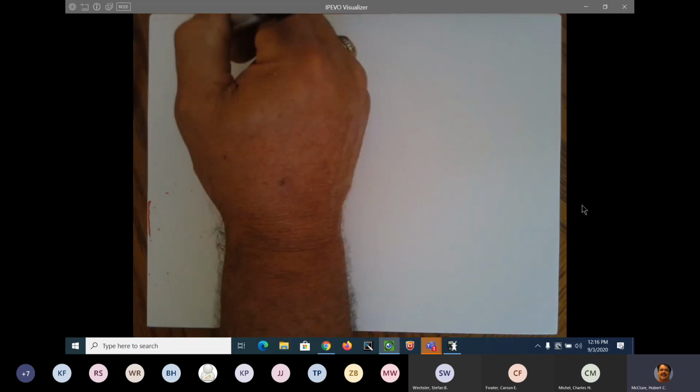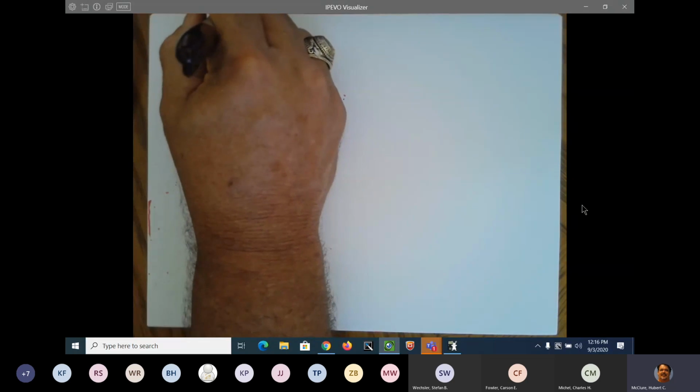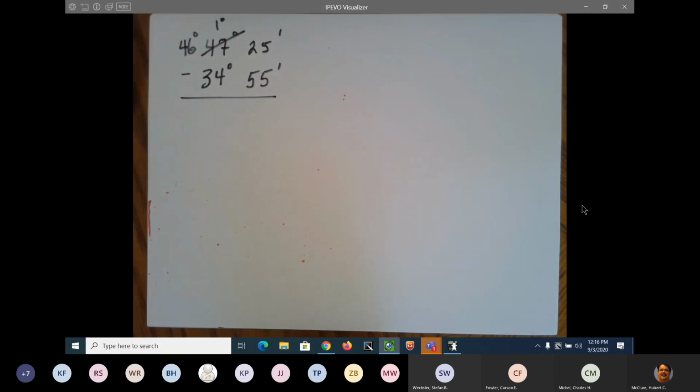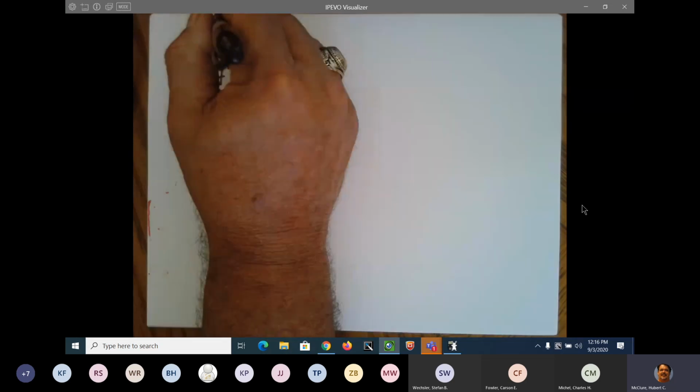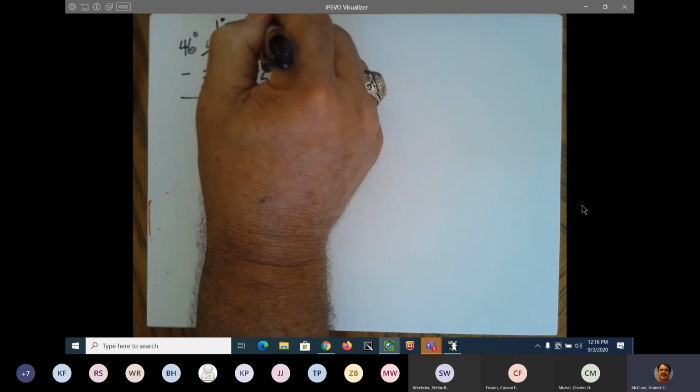We're going to borrow 1 degree from this 47, which would make that a 46. Now, we can't just add 1 degree to a minute. That's like adding an apple to a bushel of oranges and calling them oranges. So you got to convert this 1 degree into 60 minutes.